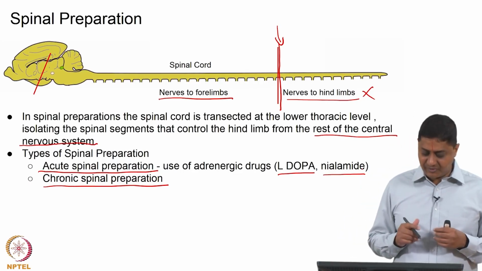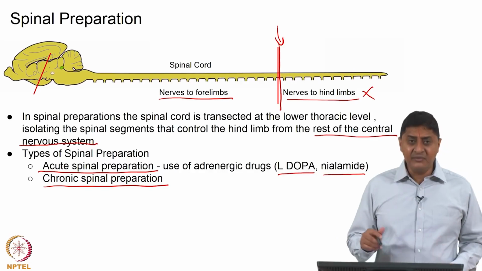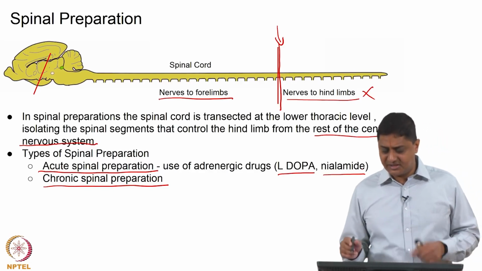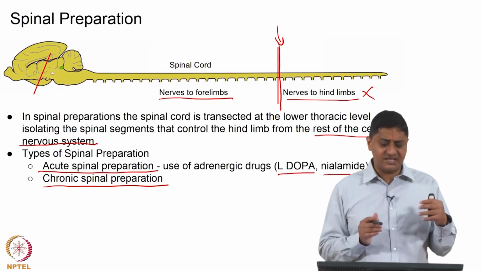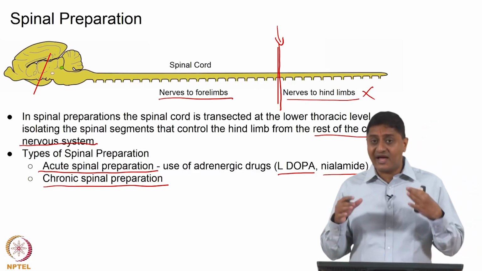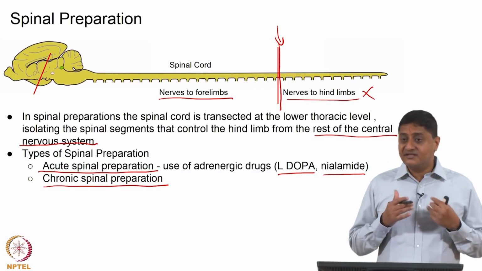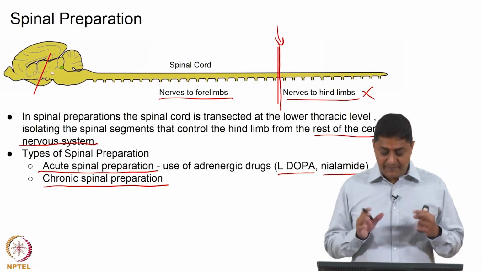In the acute spinal preparation, after the animal is surgically transected at that level, and after the recovery, this changes between animals, as I mentioned in the previous class. In some animals it can be as brief as 30 to 45 minutes, in some animals it can be several hours to several days.